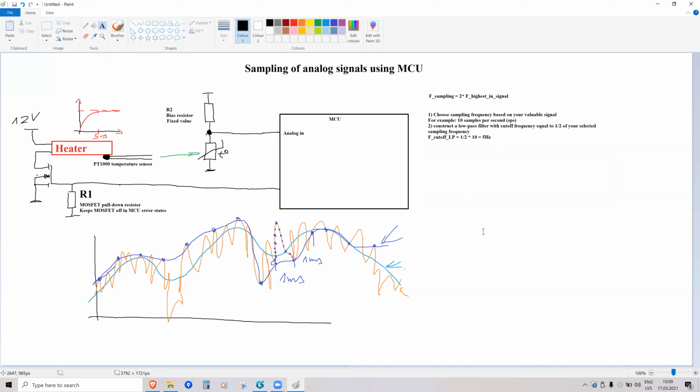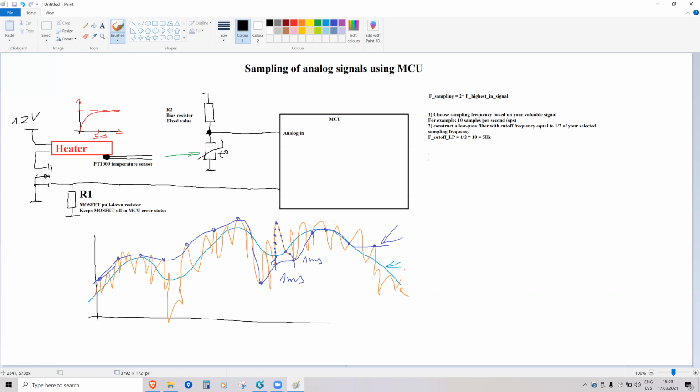Most of the times, people don't construct some kind of crazy, complicated low pass filters with operational amplifiers or something like that, usually people just use an RC low pass filter.